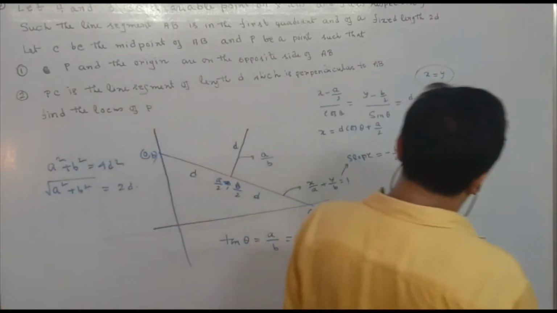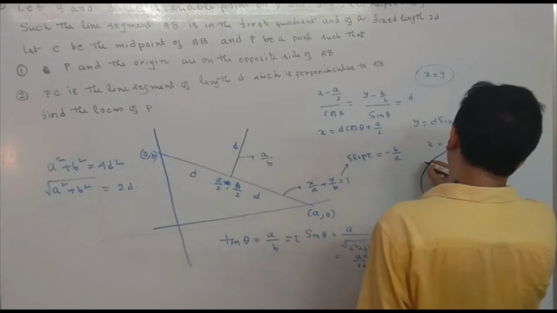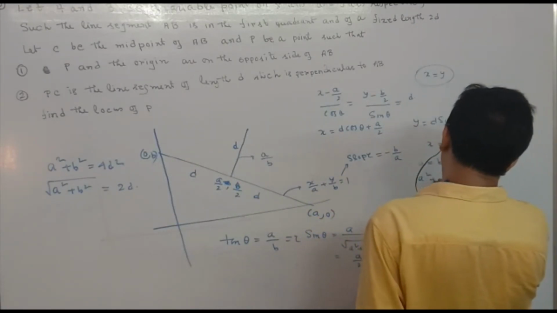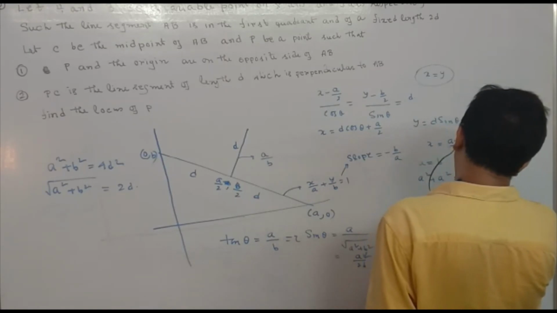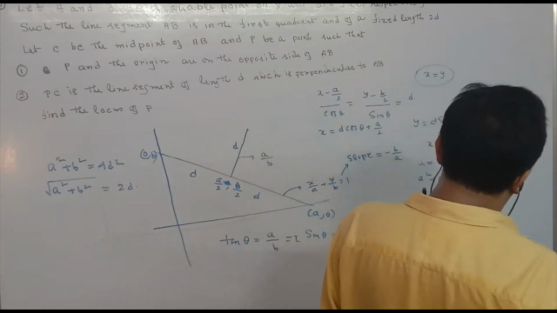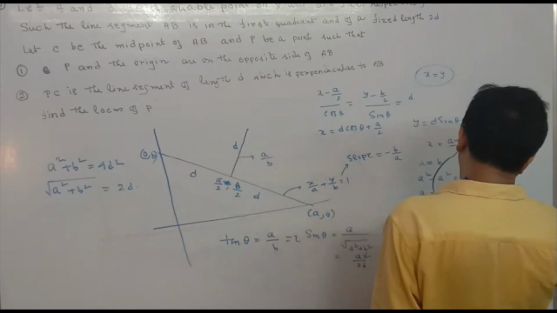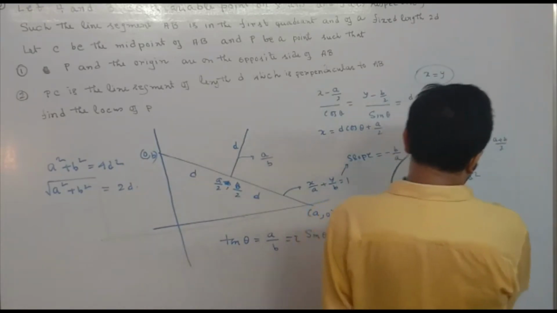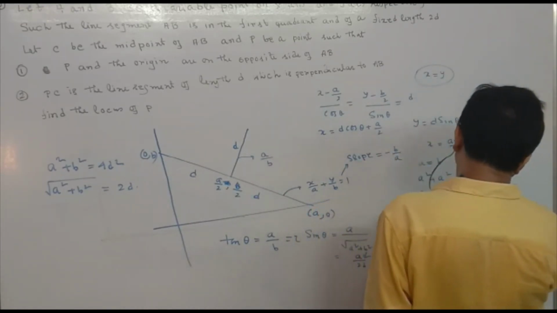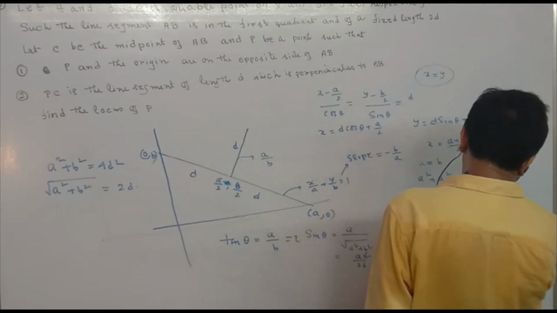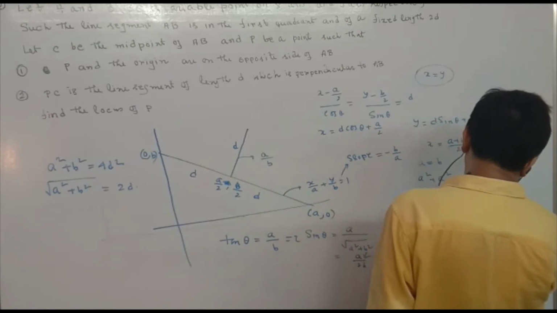At first, if I consider that a equals b, then a square plus a square equals 4D square, and hence we will get a equals root 2 D. And if a equals 0, then we will get b square equals 4D square, so b equals 2D.